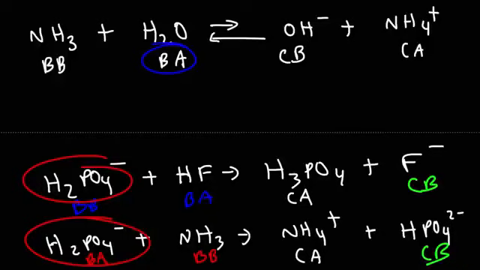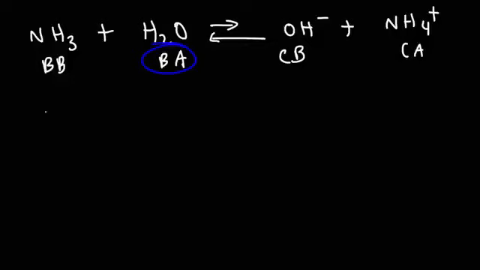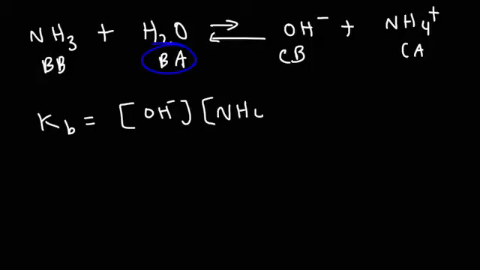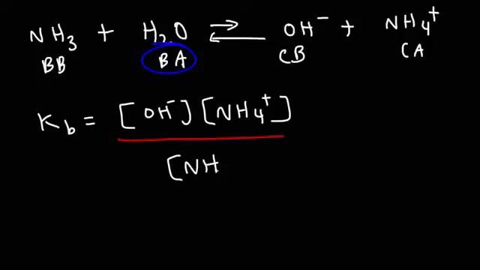Now going back to the reaction above, let's write the expression associated with Kb, the base dissociation constant. Like Ka, Kb is going to be the products over the reactants. So we have the concentration of hydroxide times the concentration of ammonium, and we're going to divide that by the concentration of ammonia.